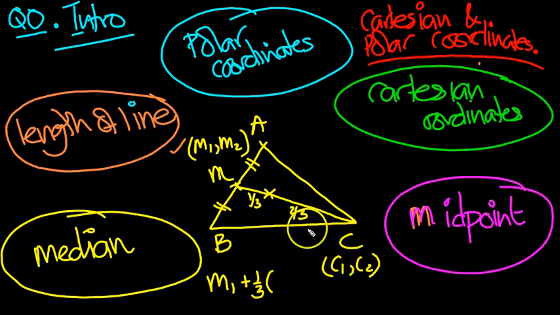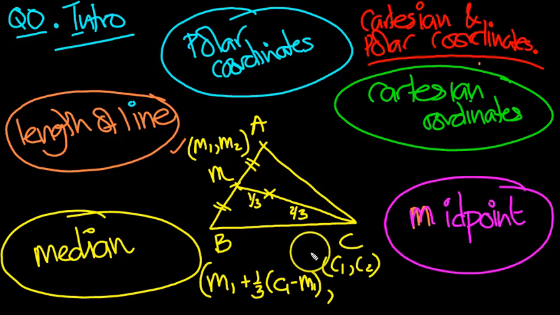A third of the difference, that length in terms of the x coordinate, would be C1 minus M1. That would be your x coordinate, wouldn't it? Because that would be the M1. You start here, you need to add on a third of the distance along in terms of the x coordinate. So the difference in the x coordinate is C1 take M1, and a third of that.